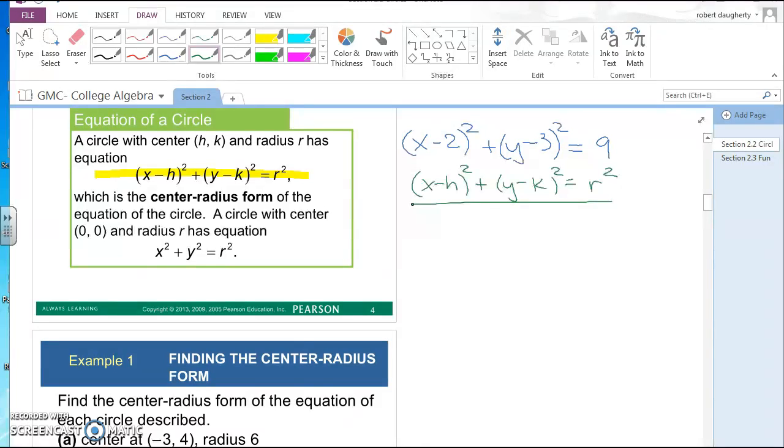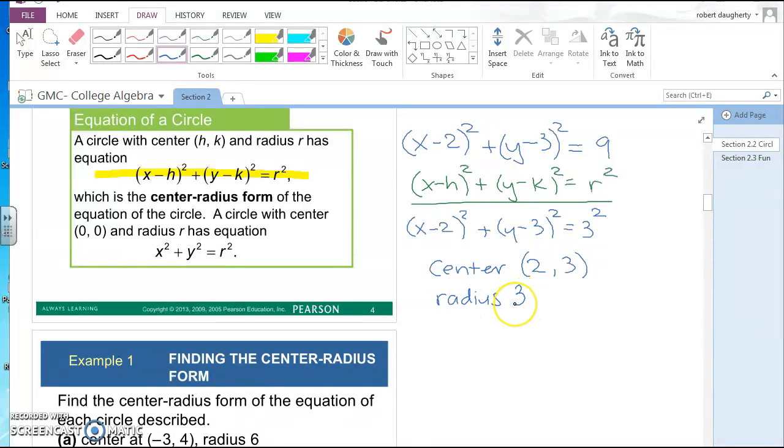So if I wrote this as (x minus 2) squared plus (y minus 3) squared equals 3 squared, then I've got it in the form. This tells me that this circle has a center at (2, 3) and a radius of 3.